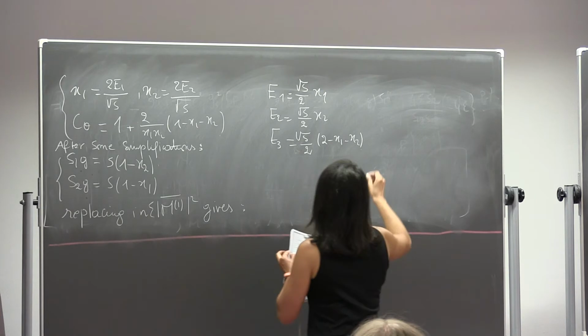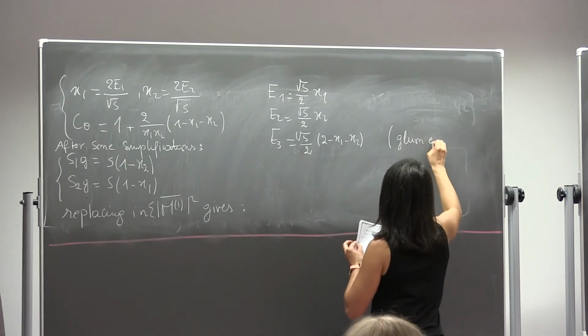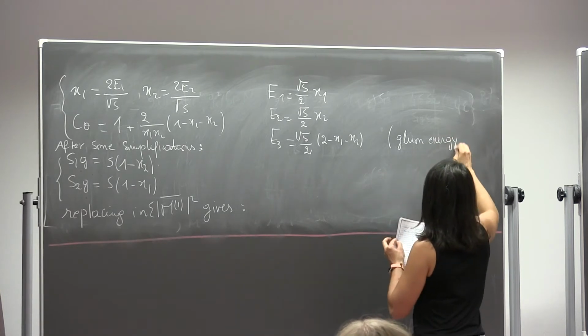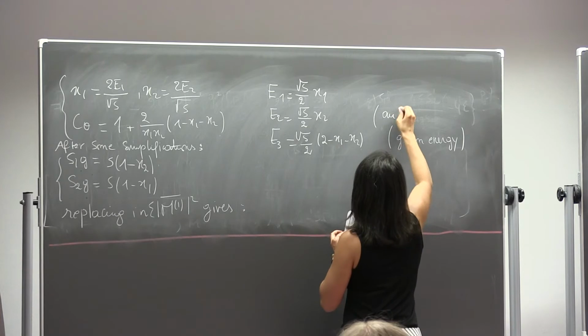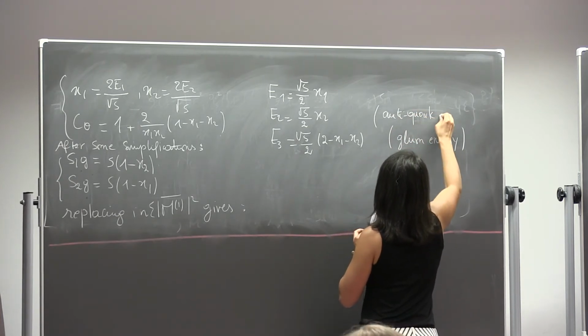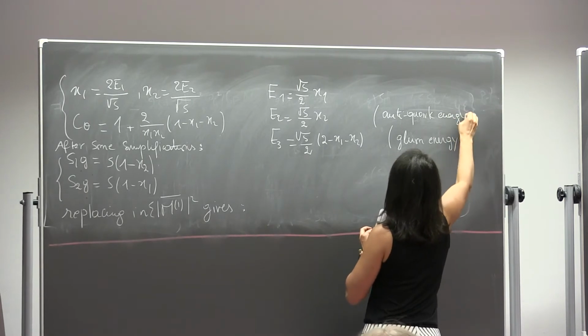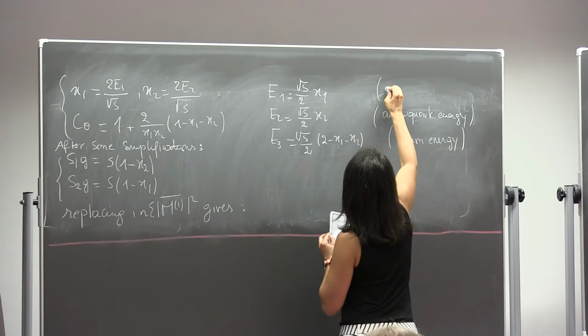Remember, this is the energy of the gluon. This is the anti-quark energy. And this is the quark energy.